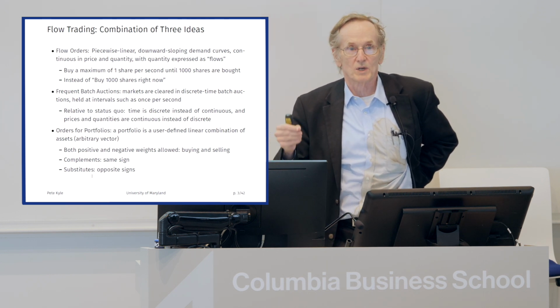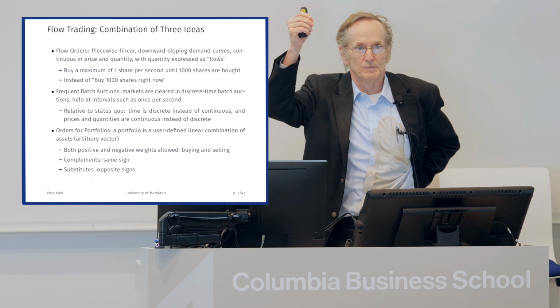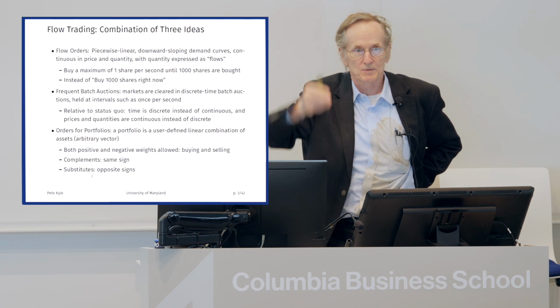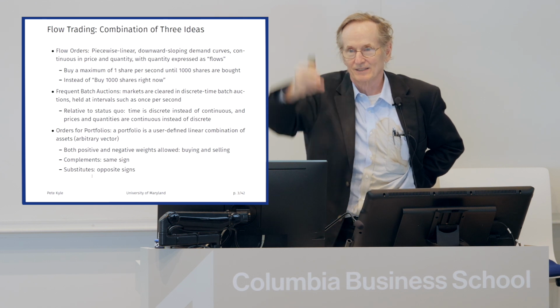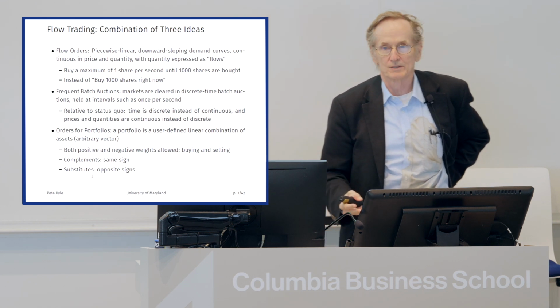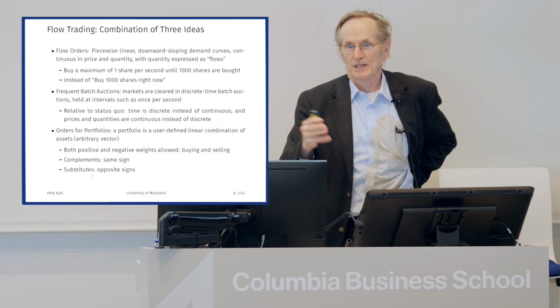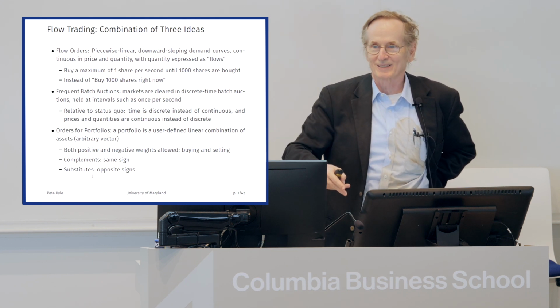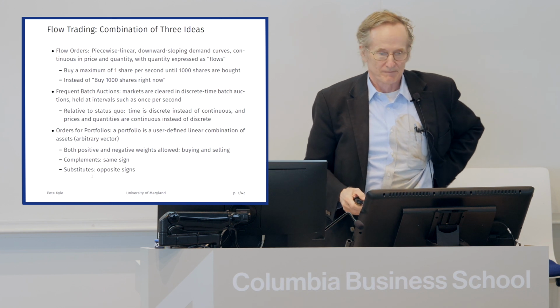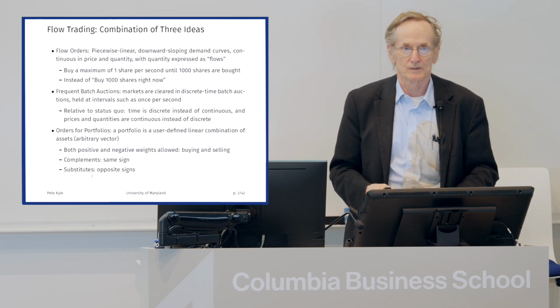If you want to just buy one stock, that would be essentially represented by a sparse vector where one element is one share of that stock and then all the others are 0. If you want to do a pairs trade, buying one stock and selling another, there'll be one stock that has a positive weight, another stock that has a negative weight, and you would be buying that portfolio.